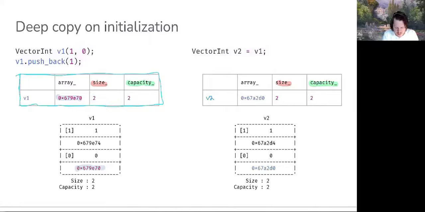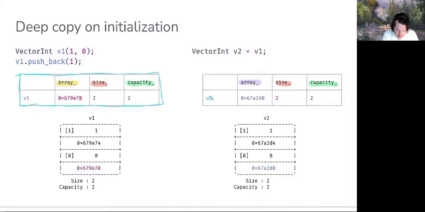However, we'll observe our difference here. The address stored in the array field of v1 will be different from that of v2 because we're performing a deep copy. So v2's array, I'll do this in, I guess, purple, is going to have a value that's different from that of v1.